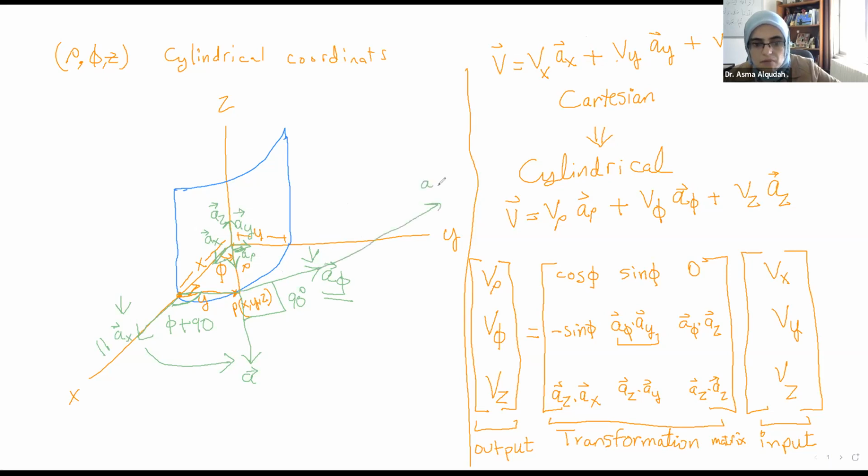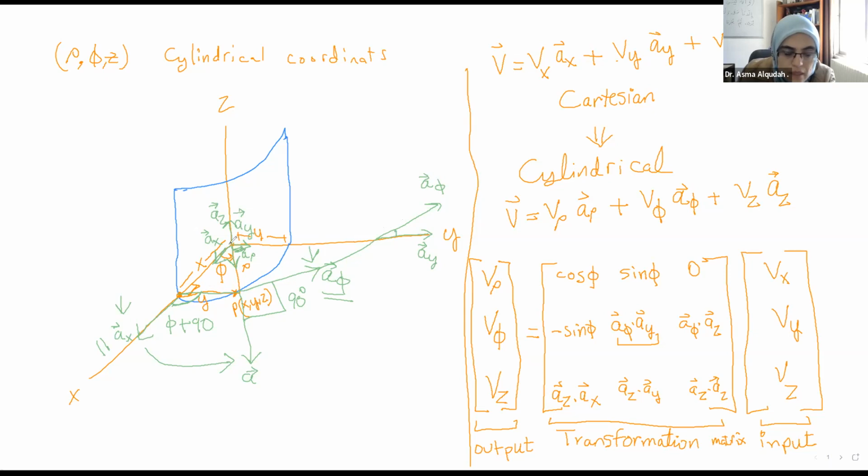This is a sub phi, and this is a sub y. We want to find the dot product between them. So what is this angle? This angle, we can say it is equal to phi.